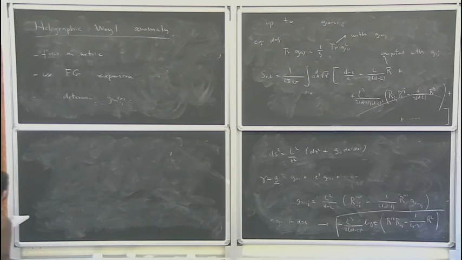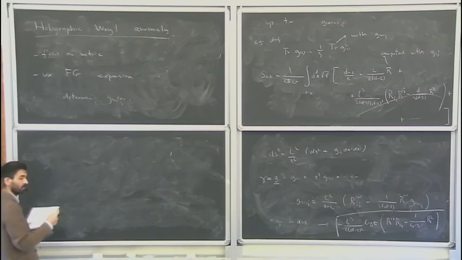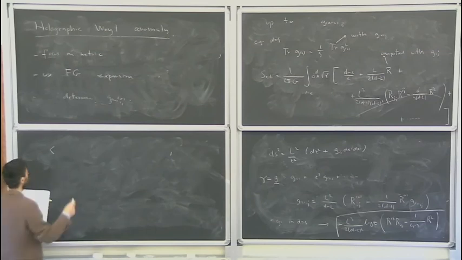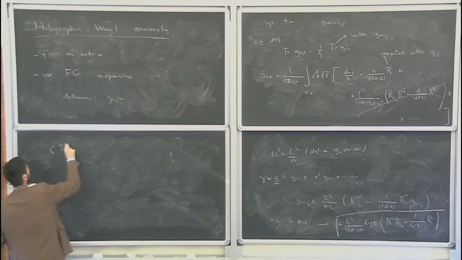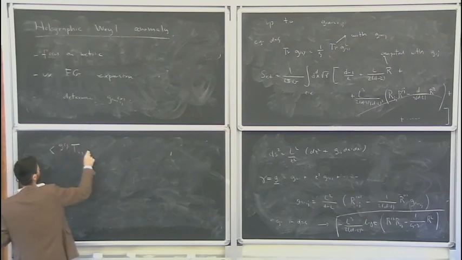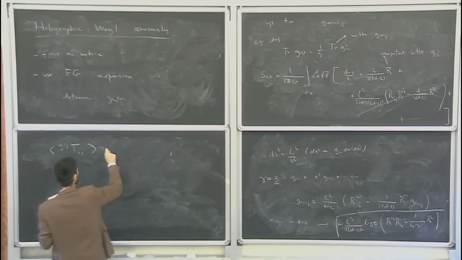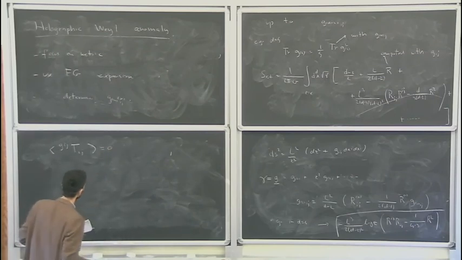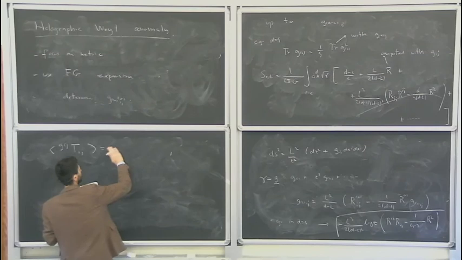Right? So in a conformal field theory, because of invariance under dilatation, one of the Ward identities of the conformal field theory is that the expectation value, so here we are back in the quantum realm, of the trace of the energy momentum tensor, that would be 0, but it's not quite 0 because there is an anomaly.